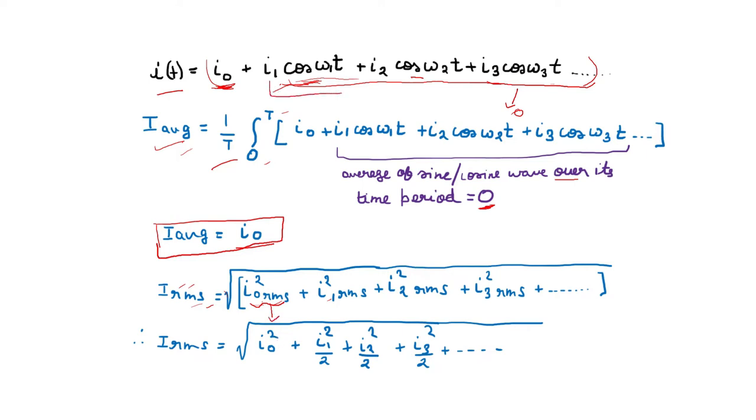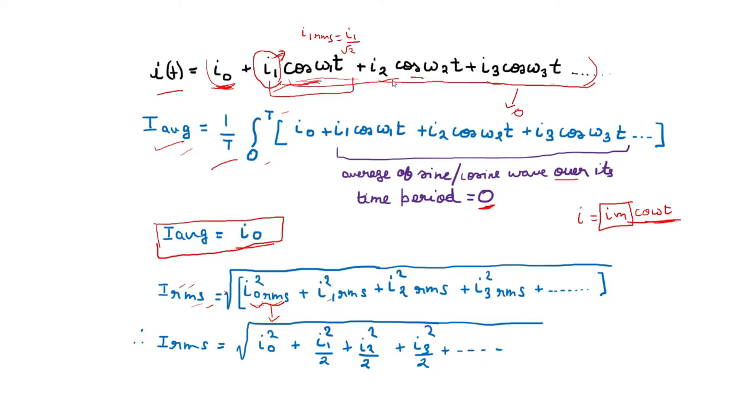Then for this term, we know that this is the maximum value. How? Whenever there is something written like this, this is the maximum value of this cosine wave. So I1 is the maximum value. And then what is the RMS value? I1 RMS is equal to I1 upon root 2.